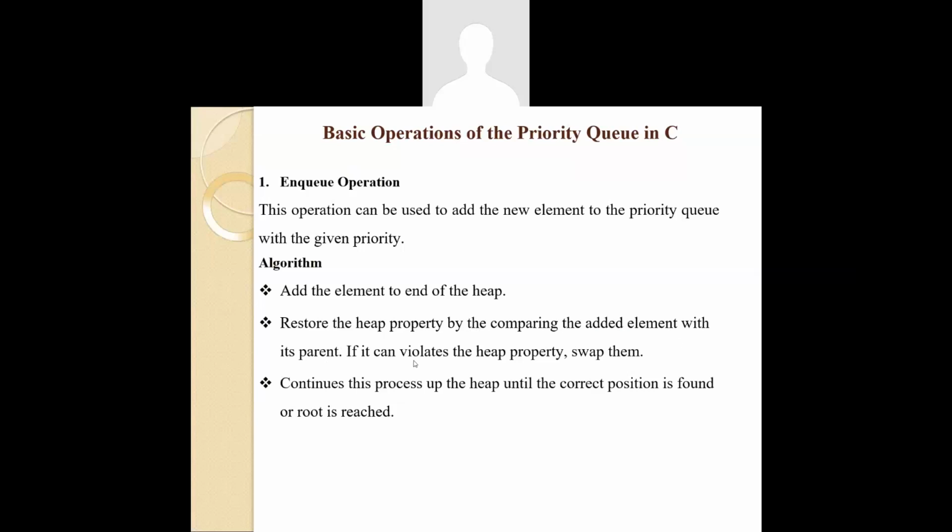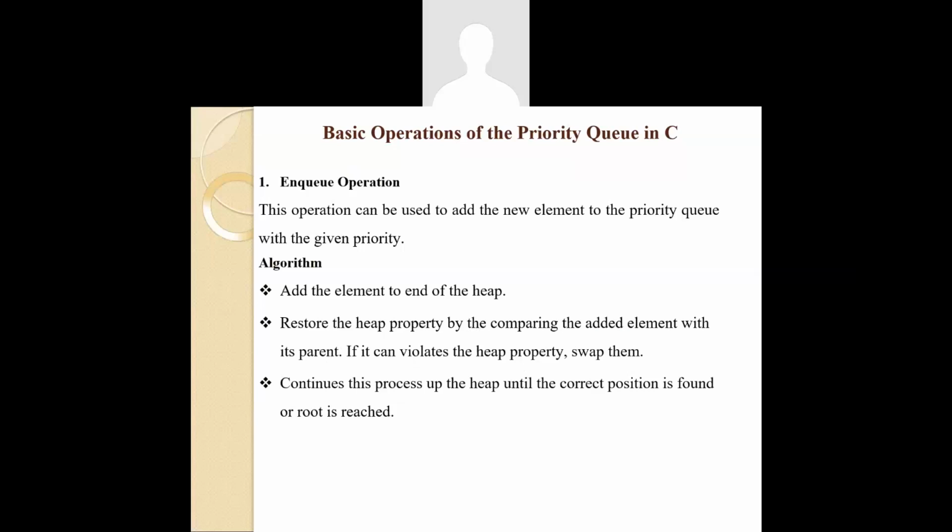What is its parent? The previous element. If it violates the heap property, then swap them. Whatever element I am adding, whether it is greater than or less than depends upon what type of priority I am using. If you are using higher priority, that number is lesser than the given number that is stored. If the condition is not satisfied, then you have to swap those two numbers.